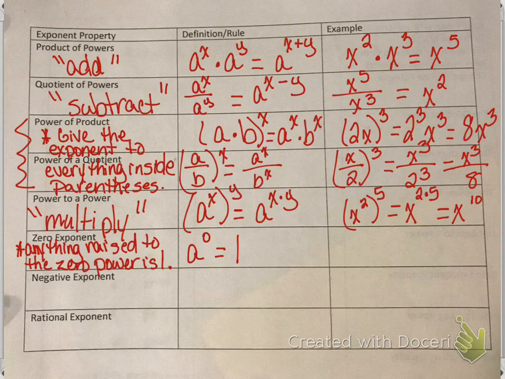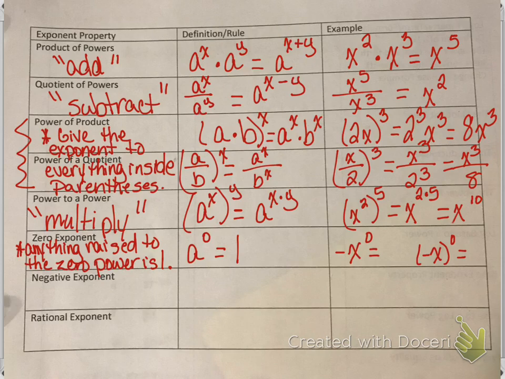Now, I want you to look at negative x to the 0 power and negative x in parentheses to the 0 power. Okay? These are two different answers. What does negative x without the parentheses raised to the 0 power give me?